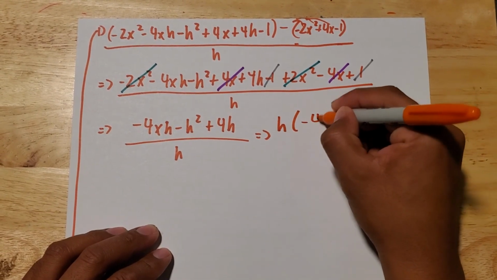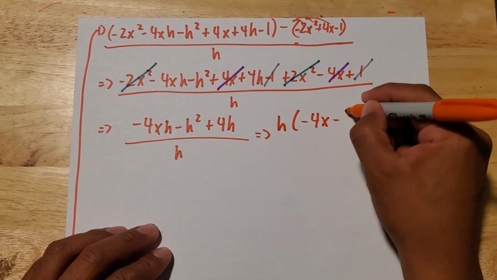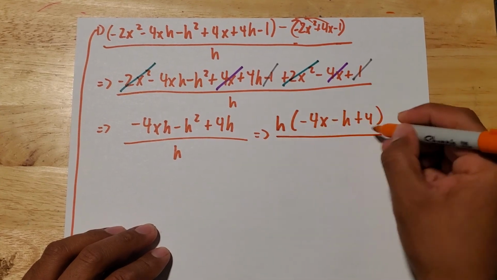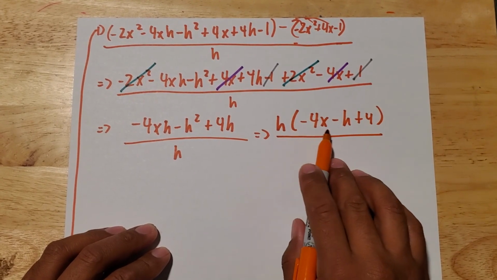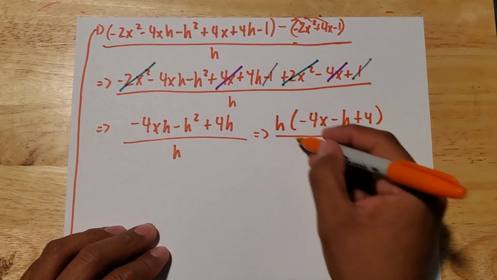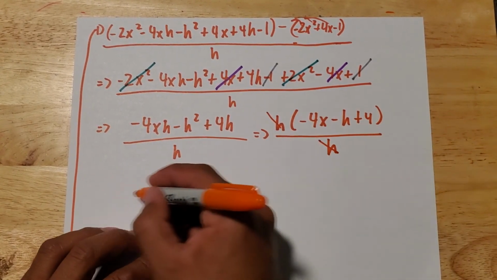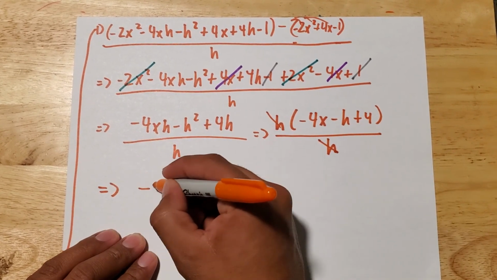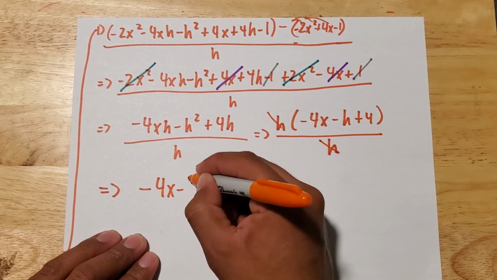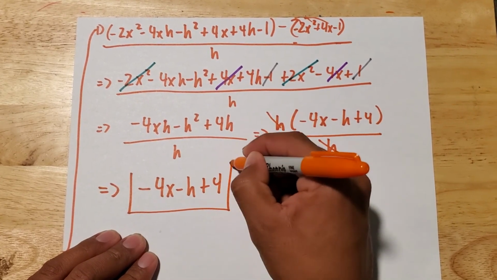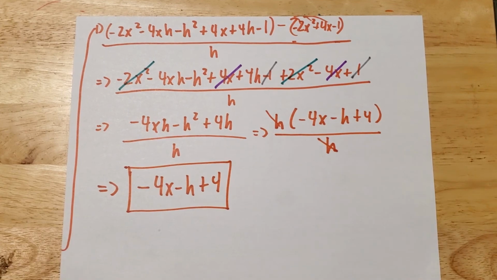So I'm going to factor out the h from each one, leaving me with h times negative 4x minus h plus 4, all over h. Here, I can simplify my h, leaving me with negative 4x minus h plus 4. And that will be my solution for the difference quotient.